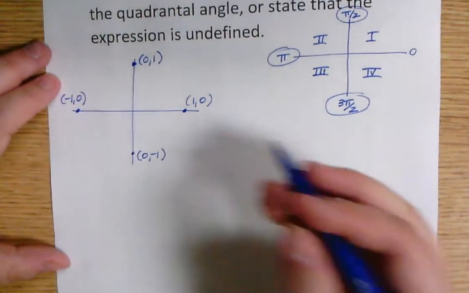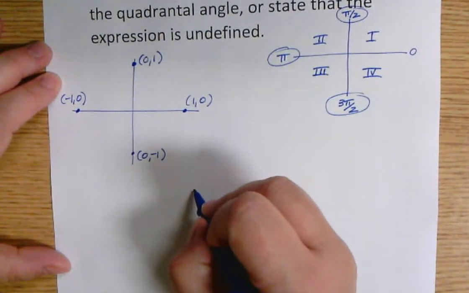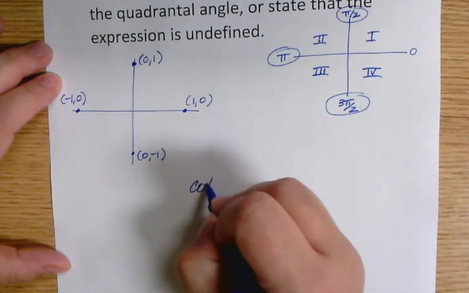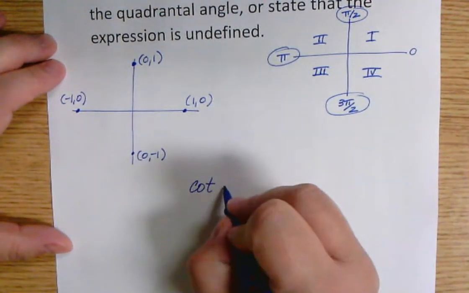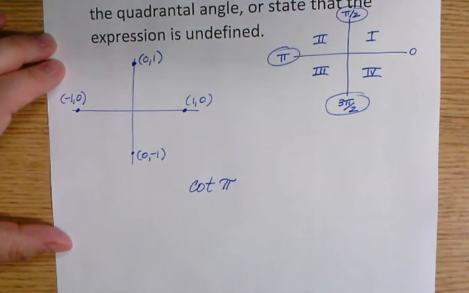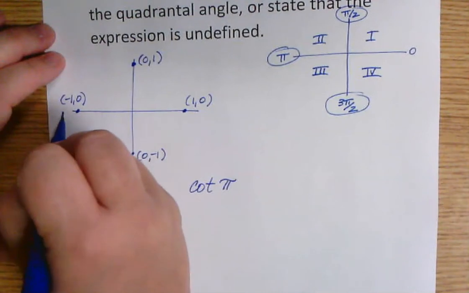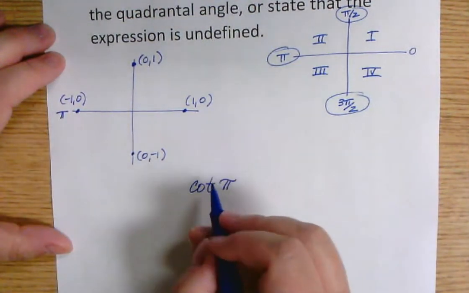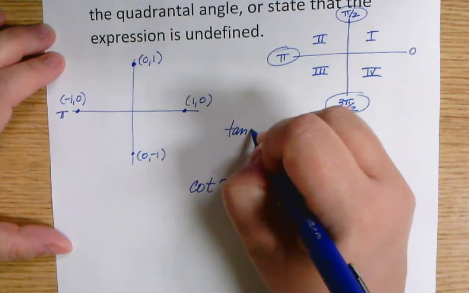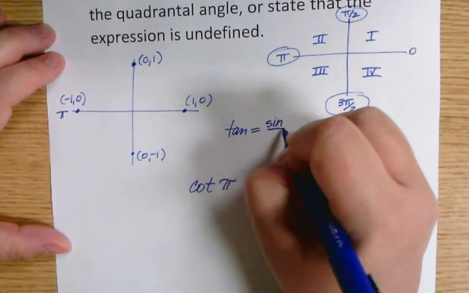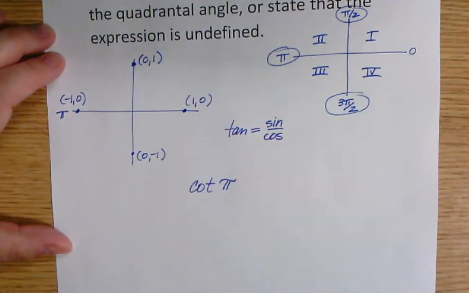So for instance, if you have something like, let's do cotangent of pi. Here's pi. Remember that tangent, this is kind of what goes through my head when I'm doing cotangent. Tangent is the sine over the cosine. That's one of my quotient rules or quotient identities.